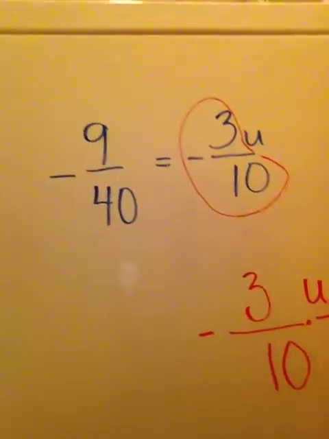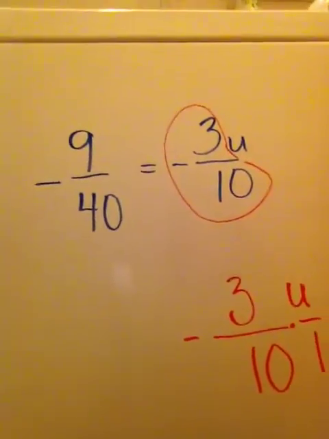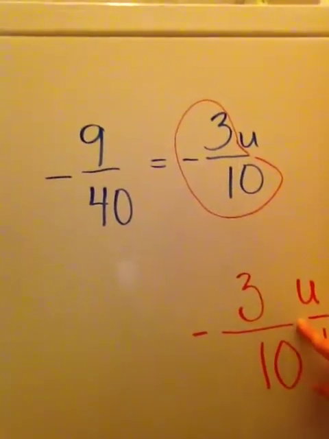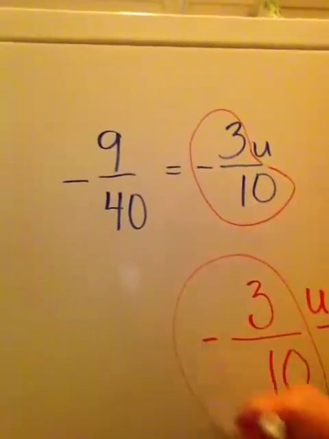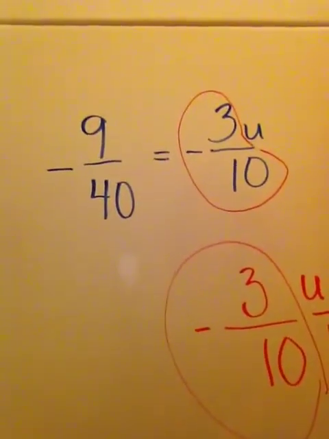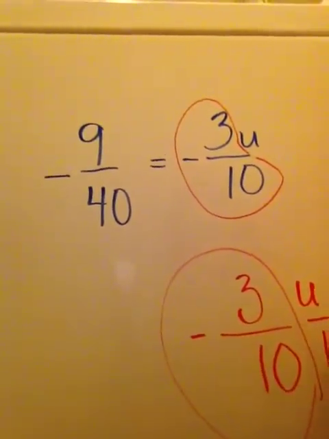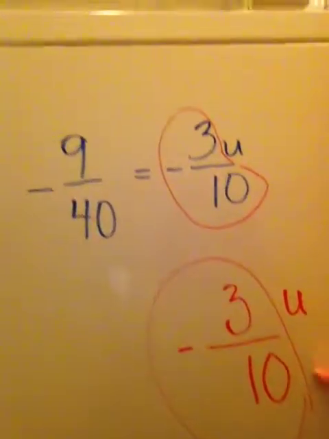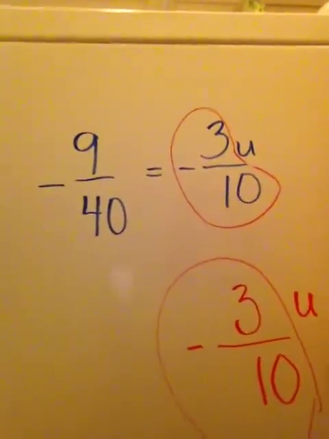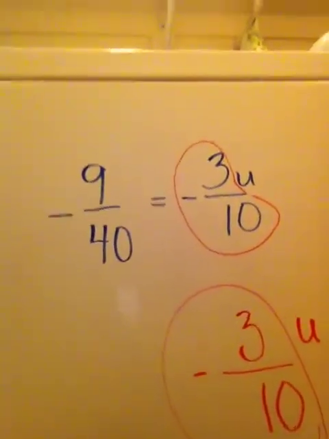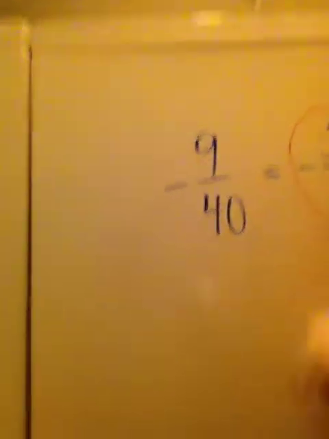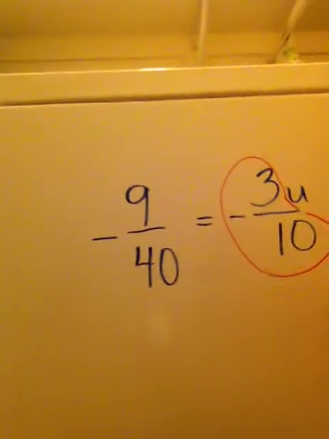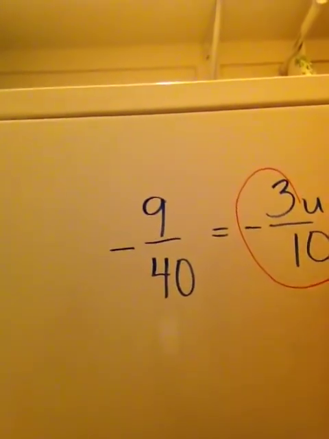And my negative's still hanging out in front. So that's why you can pull it apart and just say, oh, I'm going to take the numbers and make it negative 3/10 times my u, or u over 1. In this case, I want it just to be u. Okay? So when you see it written together, it's really good to get in the habit of being able to pull apart fractions like that.